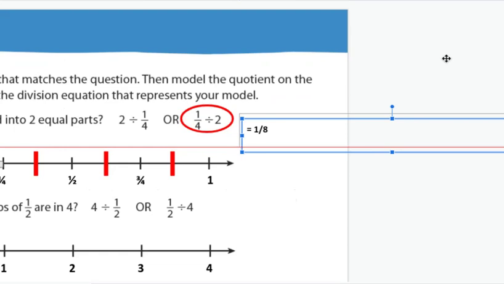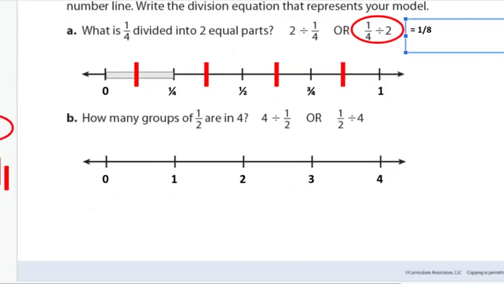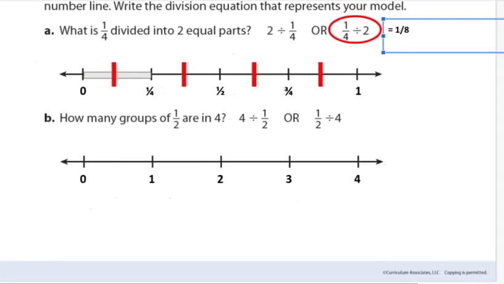So now let's take a look at the next one that's a little different. And it says, how many groups of 1/2 are in 4? So you can see now, to start, I labeled my number line starting with 0 and ending at 4, because I want to figure out how many groups are in 4 total.